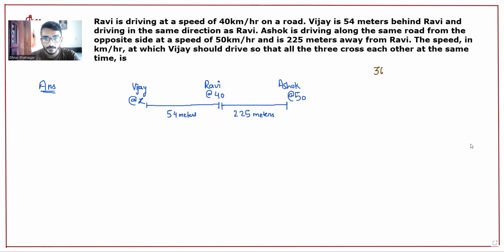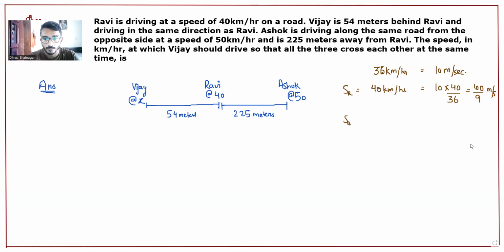Let me convert the speed into meters per second because the distance is given in meters. So 36 km per hour is equal to 10 meters per second. So the speed of Ravi, that is 40 km per hour, would be equal to 10 times 40 divided by 36. When I divide by 4, it would be 100 by 9 meters per second.